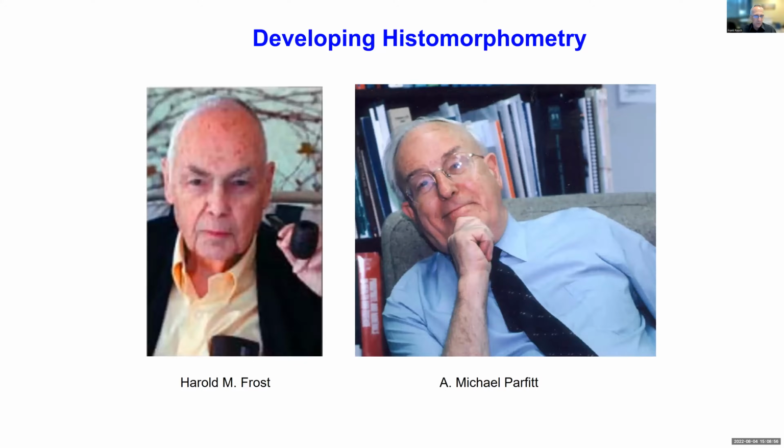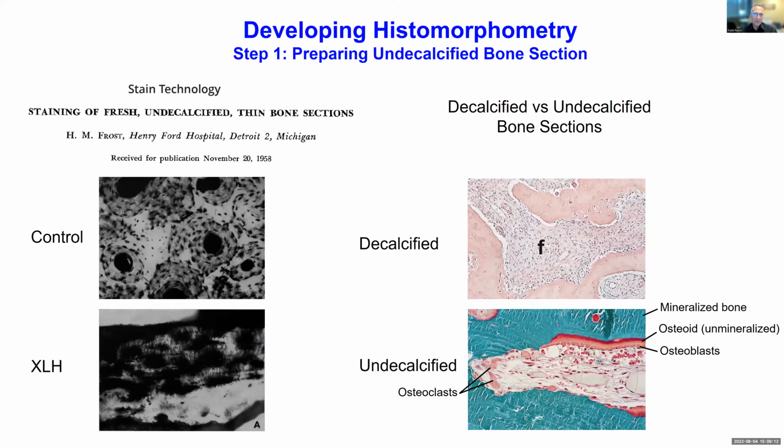And two important people in the development of histomorphometry were Harold Frost and Michael Parfitt. Frost was an orthopedic surgeon and Parfitt an endocrinologist. And Harold Frost developed some of the methodology that we are still using in this. And I think that's quite important to understand what the contribution was and why it was necessary.